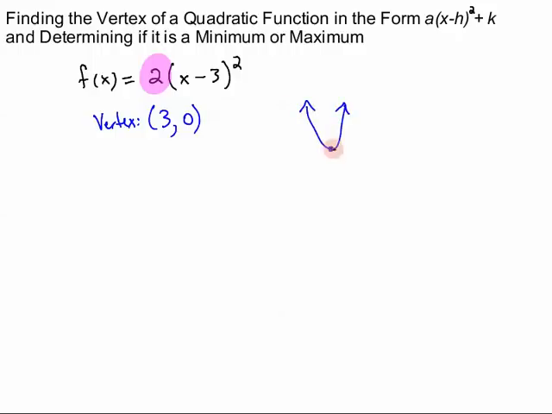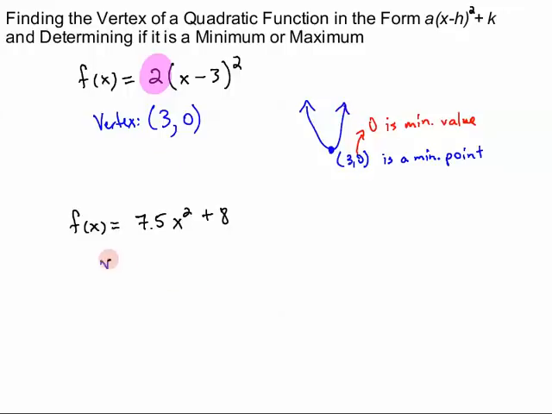The vertex, of course, is here, which is the ordered pair 3, 0. Now, since it opens upward, this is a minimum point. And the lowest value that this parabola attains is the 0, the y coordinate. So 0 is the minimum value. Alright, so this one opens upward.